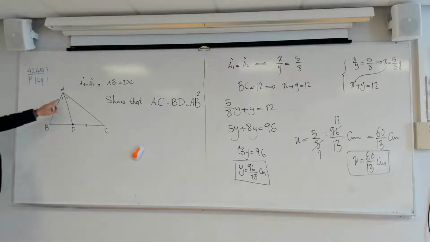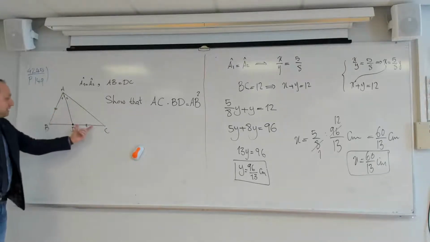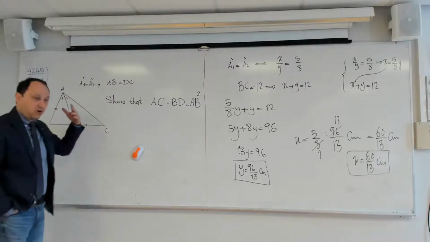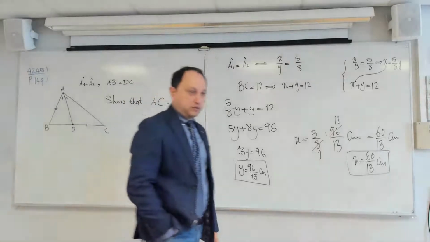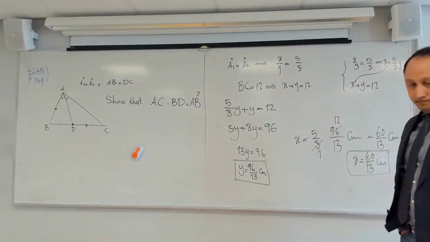So we know that these two angles are the same. These two lengths, there is no guarantee that this length is equal to that length, but something has happened and these two lengths are also equal. Then we want to show that this relation holds.